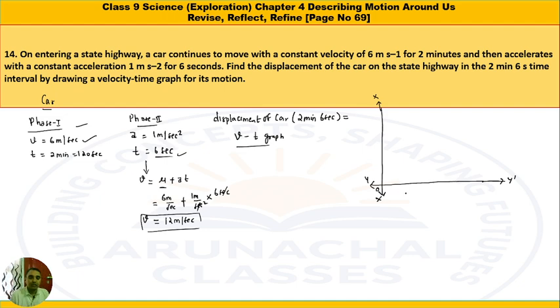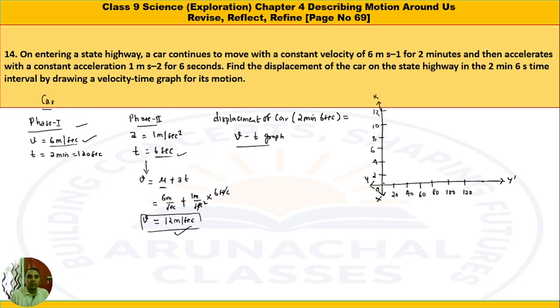Now as it is 120 second, so it is 20, 40, 60, 80, 100, and here it is 120, and here it will be 2, 4, 6, 8, 10, 12. So initial velocity is 6 meter per second, and before entering phase 2, the final velocity is 12 meter per second.